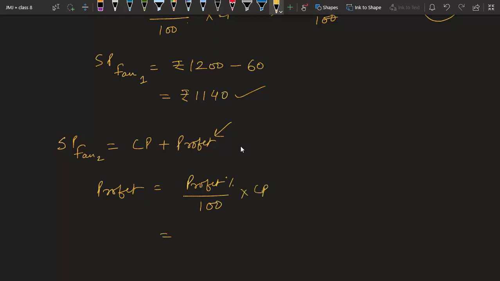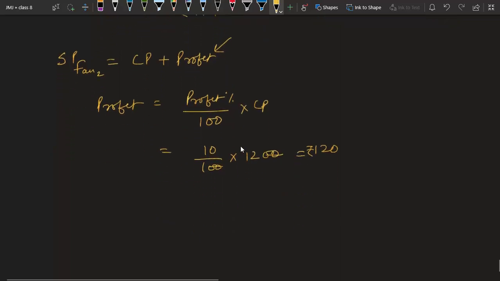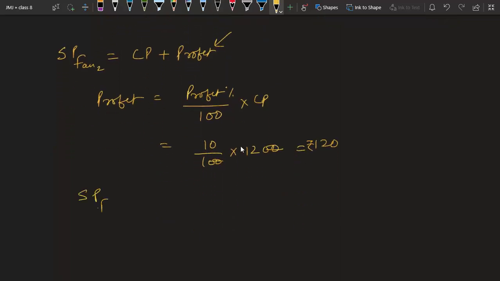Put the values. Percentage is 10 upon 100 into 1200, the cost price of the second fan. Cut these zeros. We have got 120 rupees. So the SP is how much? SP of fan 2 came out as cost price, that is 1200 plus 120, and the answer is 1320. So rupees 1320 is the selling price of fan 2.